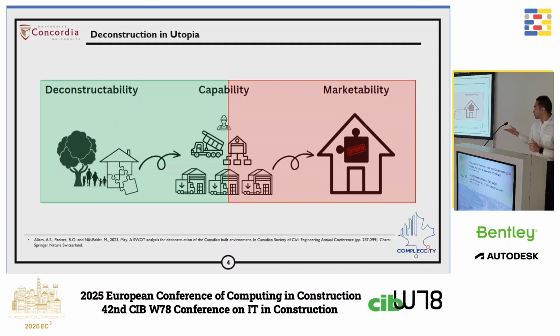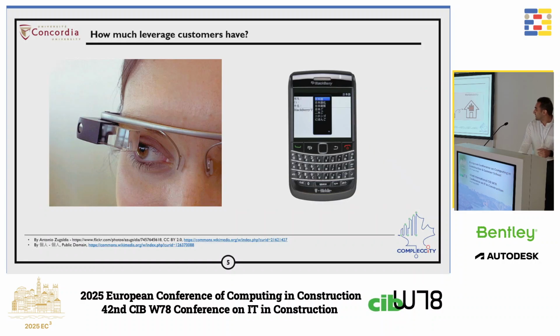But before going into this, and that's the second term in my title, I just want to make sure that we are all on the same page. What kind of leverage do customers have? Think about Google Glass, I think more than 10 years ago. The customers hated the product, even though at that time it was state of the art. They were applying augmented reality, taking pictures with the glasses and so on.